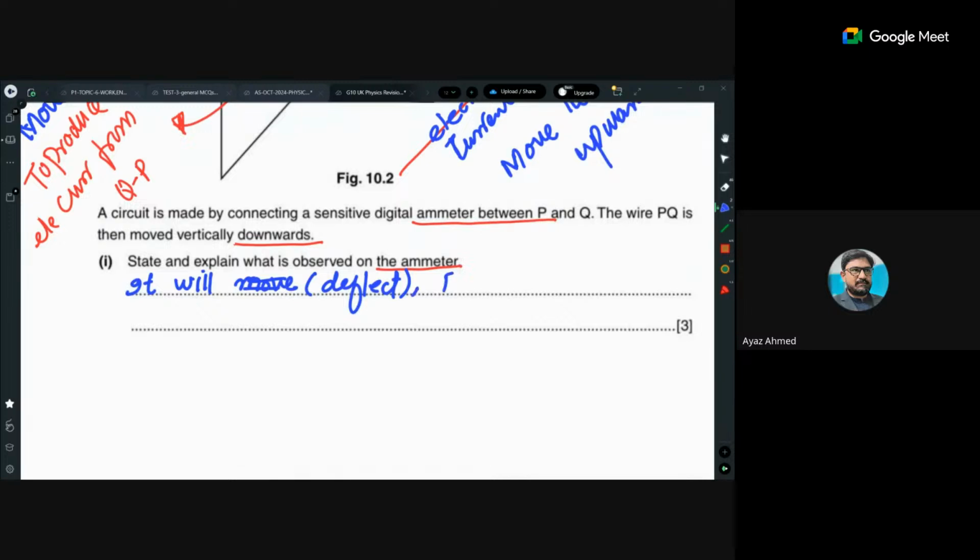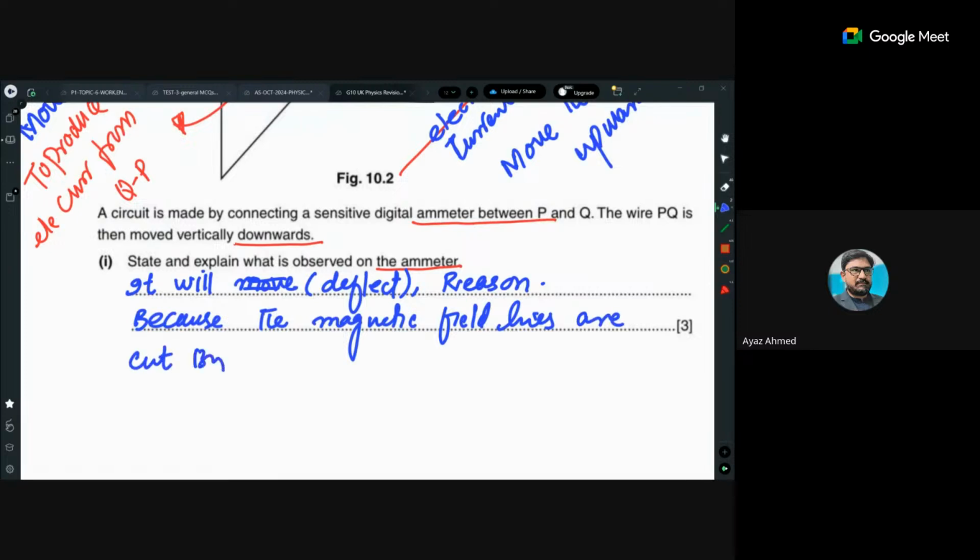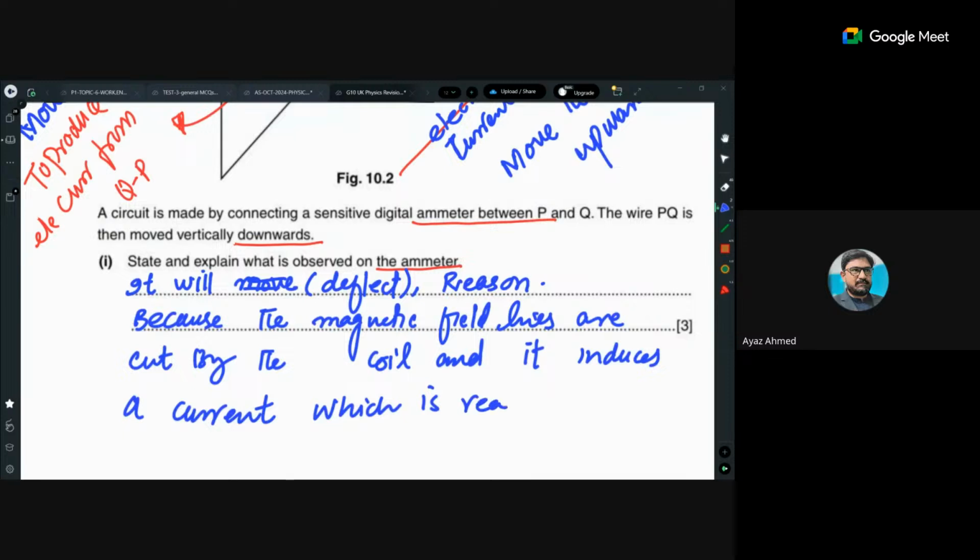The reason: you will get 2 marks for the reason, because the magnetic field lines are cut by the coil, and it induces a current which is read by the emitter.